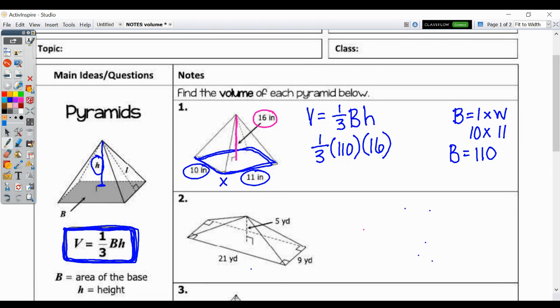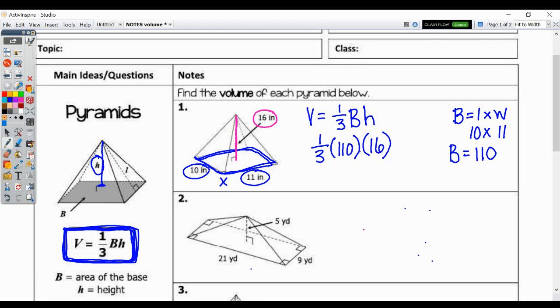If you're just working with a calculator on your phone, it might be hard to type in this fraction 1/3 so that you can multiply 1/3 times 110 times 16. So what you can do is multiply 110 times 16, and then divide by 3.